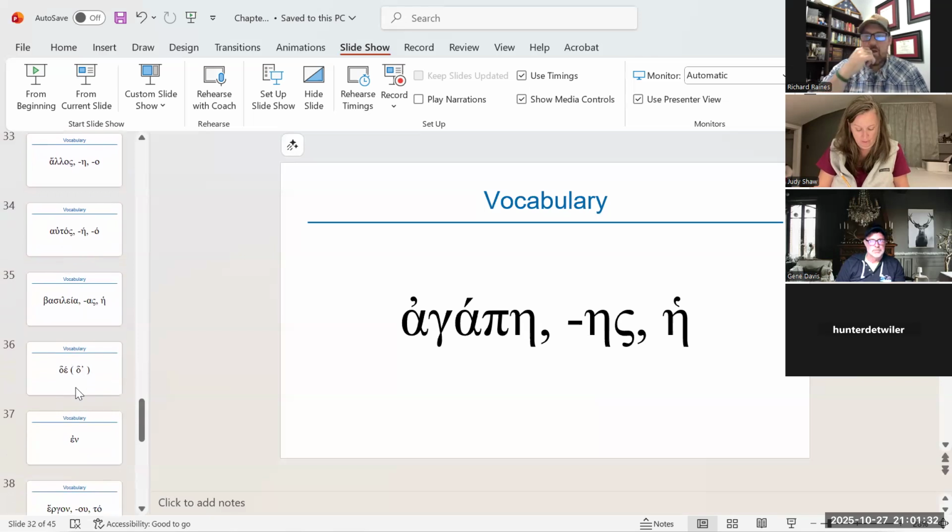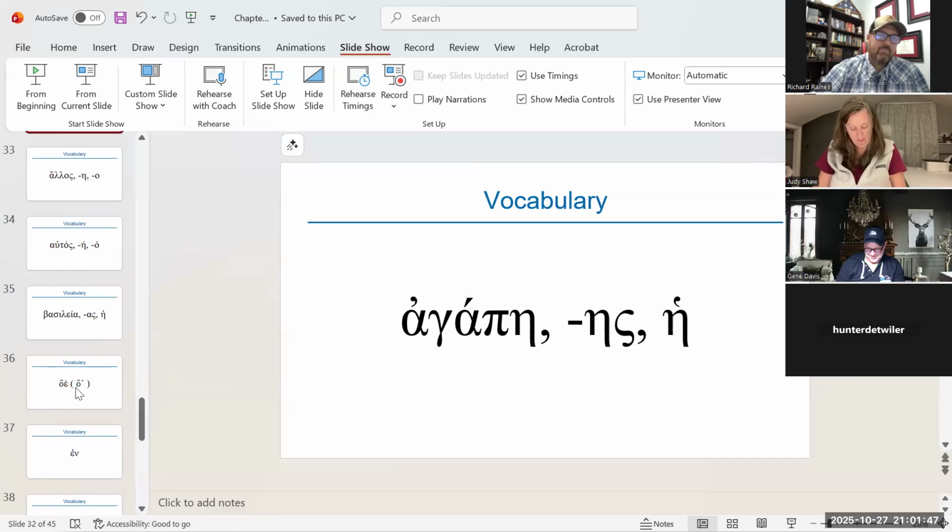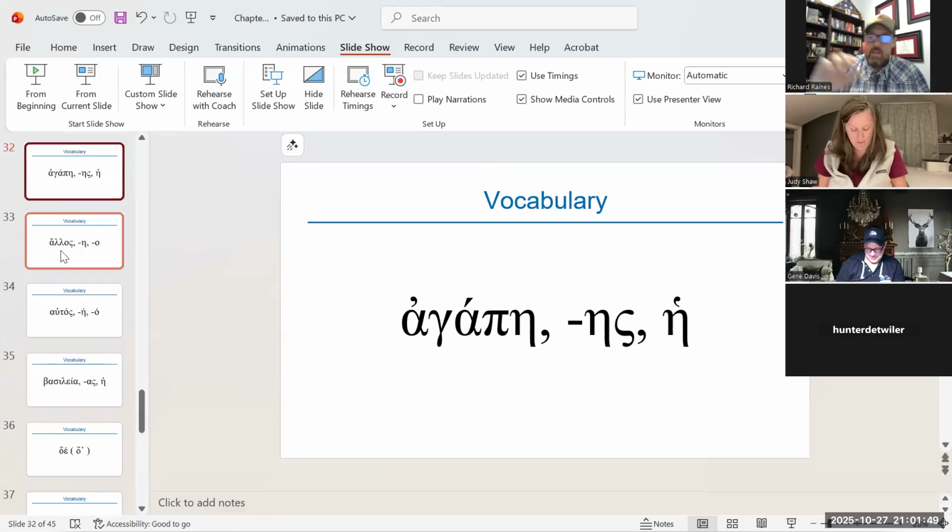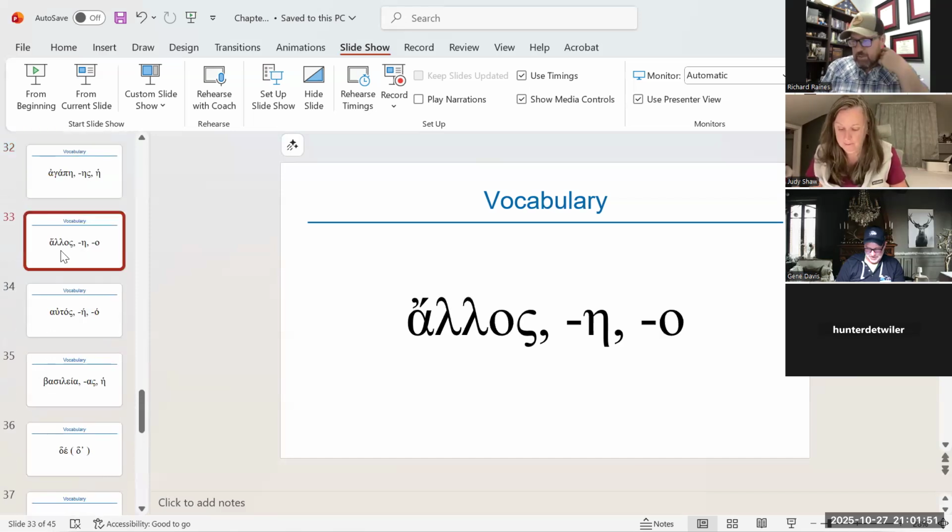Love. Think about Princess Bride and the preacher getting ready to marry Buttercup and whoever the other guy was. Love. Agape means love. And the vocabulary starts on page 48. So the first word in the vocabulary is agape, which means love.